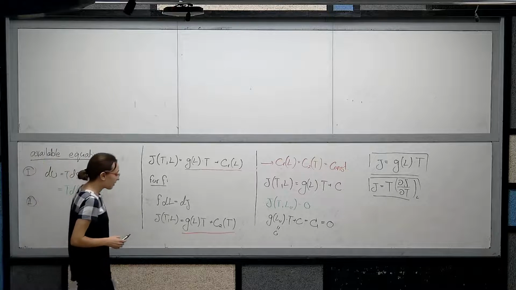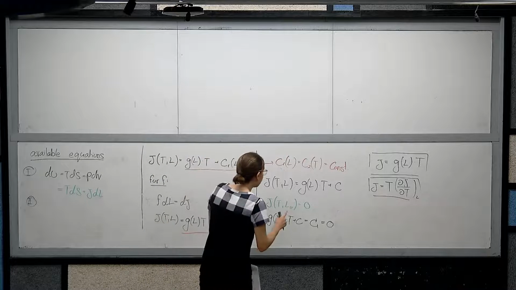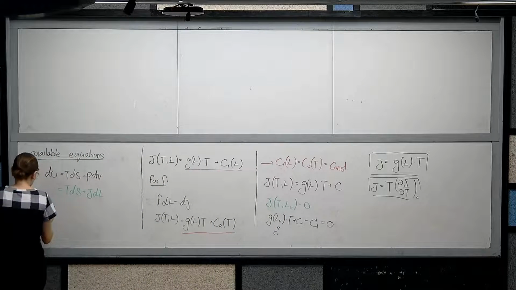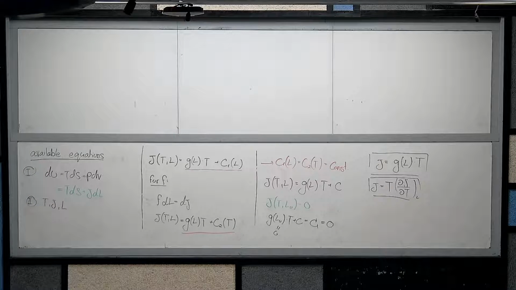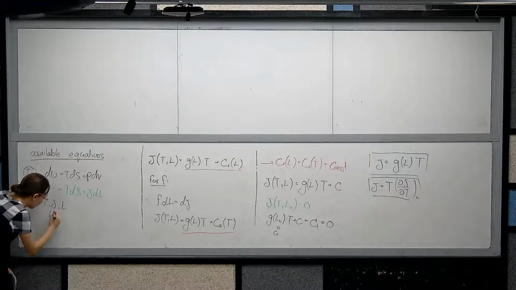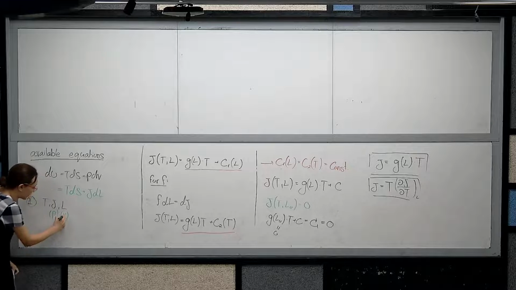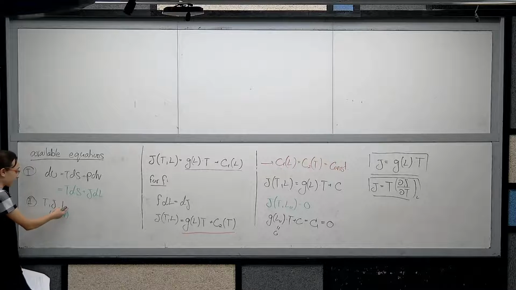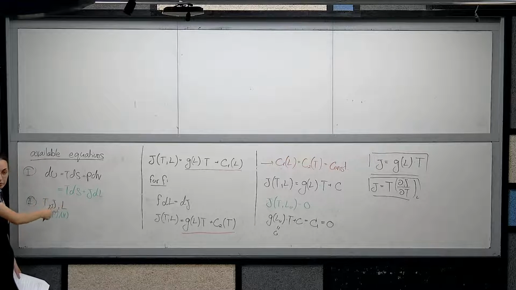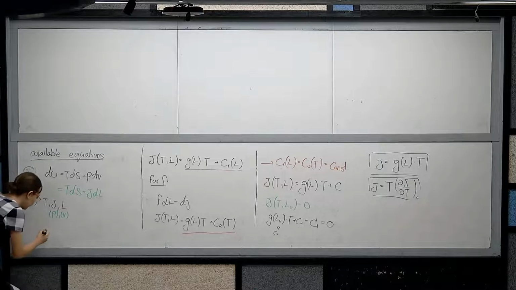Here our variables are T, J, and L, like P and V. So the energy equation we pick here will be the free Helmholtz energy, because the variables of the free Helmholtz energy are T and L. Those are the variables of the system, so we pick this energy.